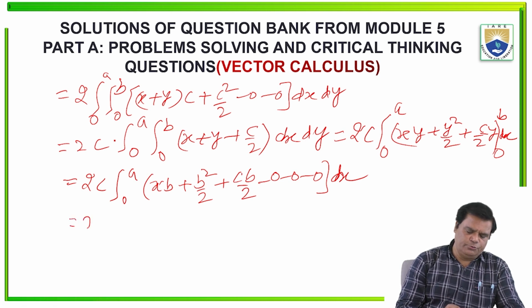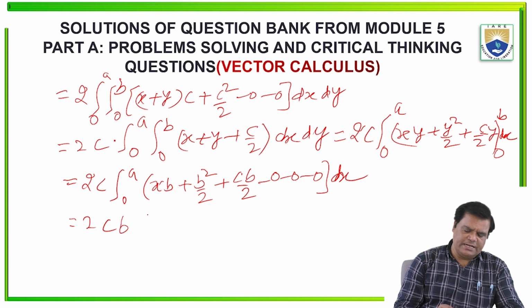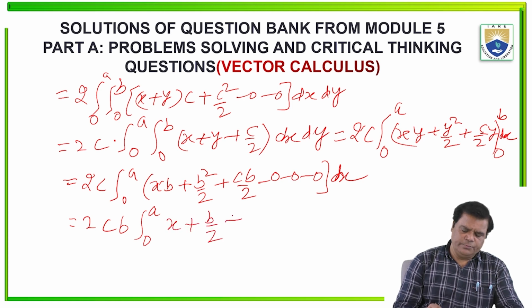Now this is equal to 2c. Here b is common, 0 to a and integration of x plus b by 2 plus c by 2, dx.